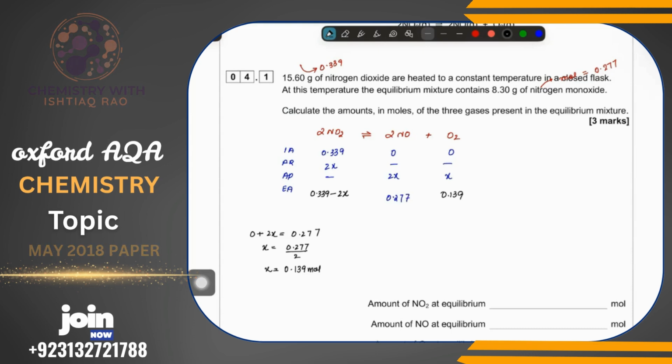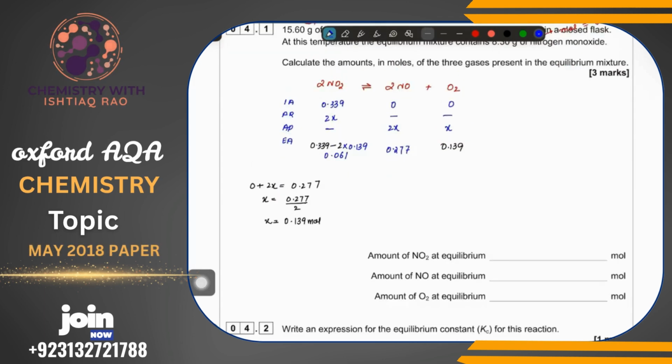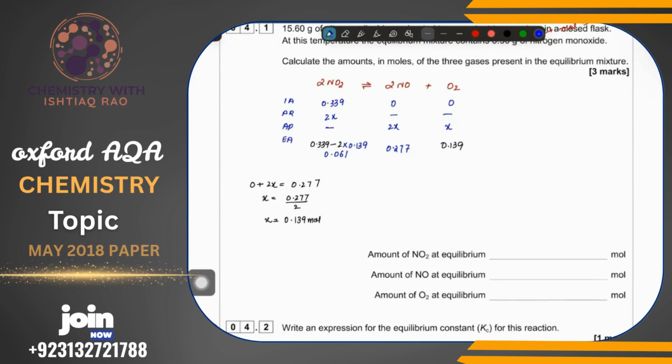So what's the answer for 0.339 minus 2 times 0.139? 0.061. So amount of NO2 at equilibrium is 0.061.